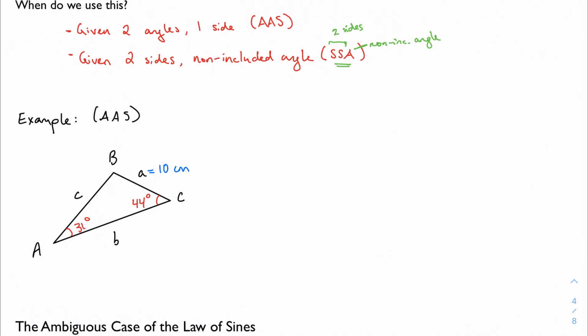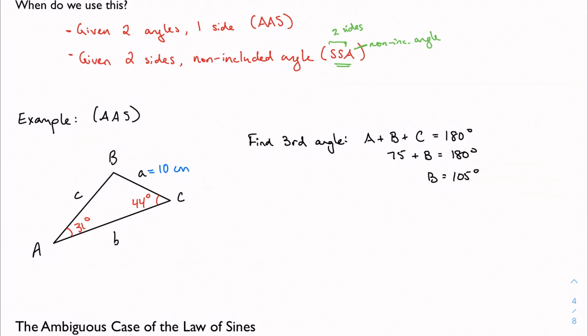And the most efficient way to start is to find the third angle. I should find the third angle, and I do that by knowing that the sum of the angles in a triangle add up to 180. So 31 and 44 is 75, plus angle B tells me that B is 105 degrees.